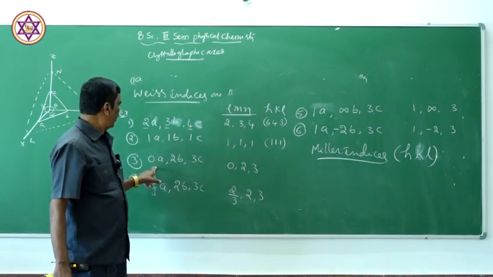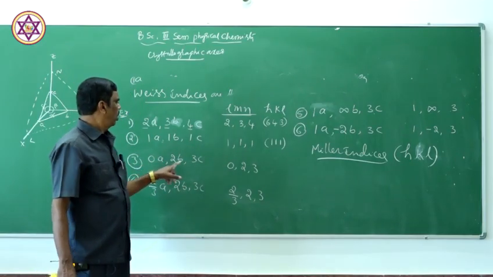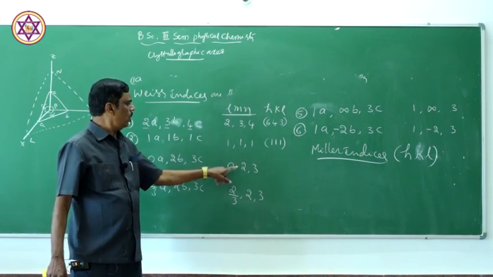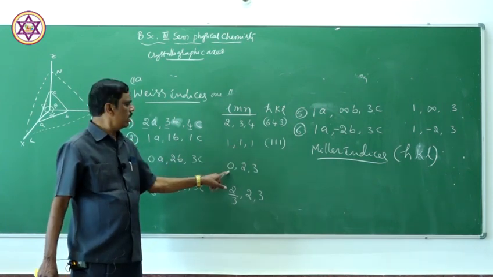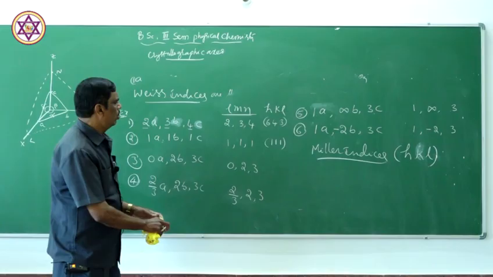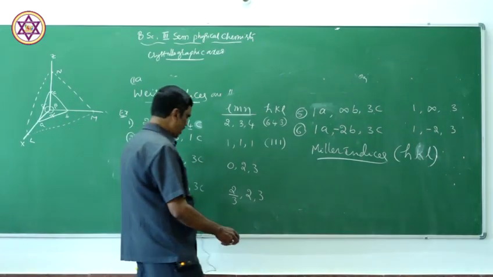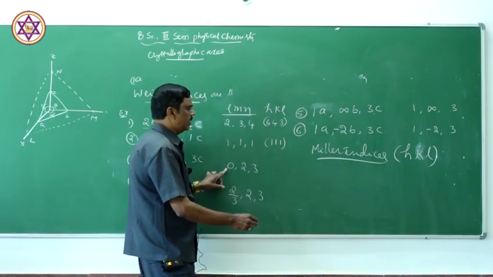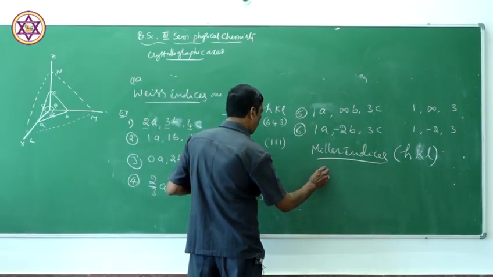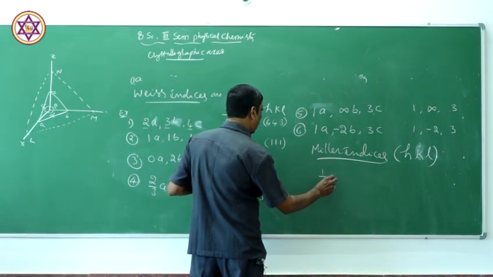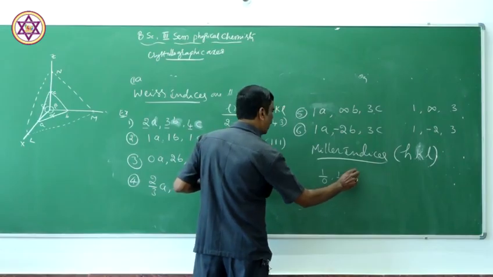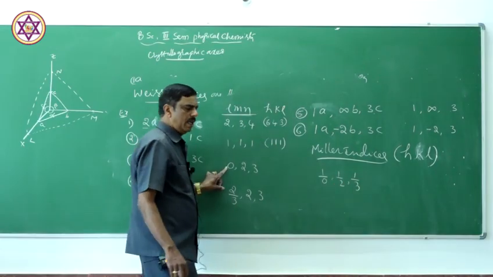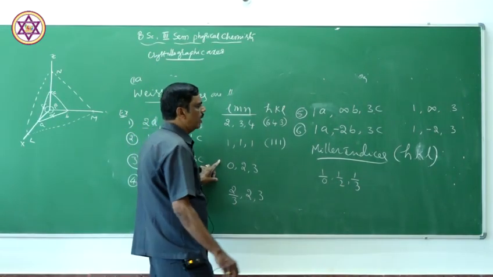Now, here we have 0. The indices are 0, 2, 3. How to convert this into Miller indices? You take the reciprocal: 1 by 0, 1 by 2 and 1 by 3. You multiply that with a whole number.